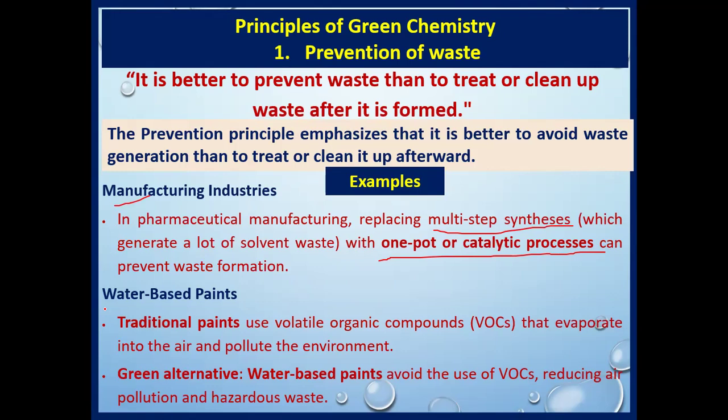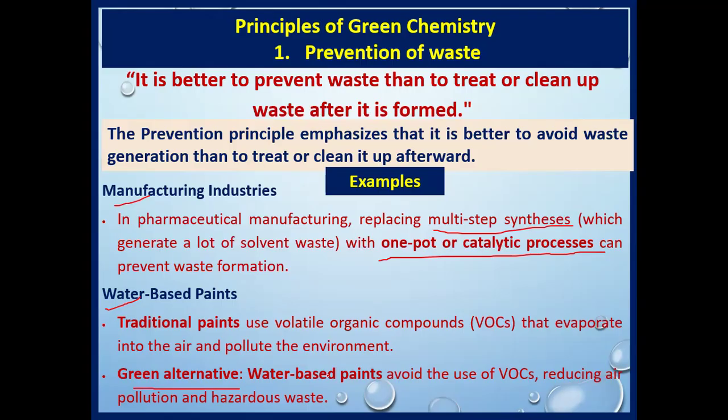Another good example for this is water-based paints. Traditional paints use volatile organic compounds that evaporate into the air and pollute the environment. So we can replace these traditional paints by the green alternative, that is water-based paints. These water-based paints avoid the use of volatile organic compounds, therefore reducing air pollution and hazardous waste.